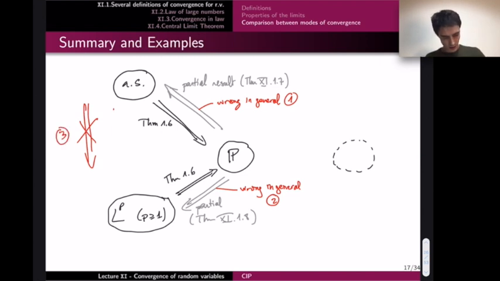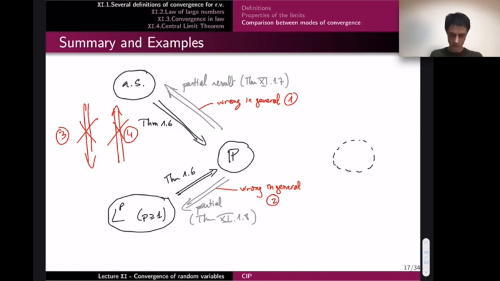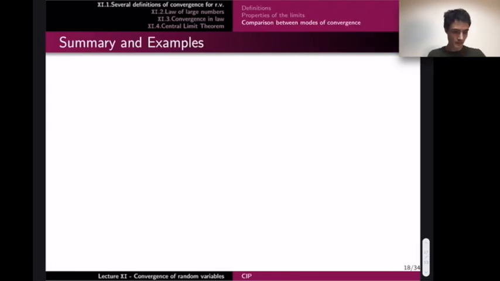That LP convergence does not imply almost sure convergence. That would be my example 4. Okay, and then later on we will discuss what is related to this fourth kind of convergence, but that's for later. So let's say examples.